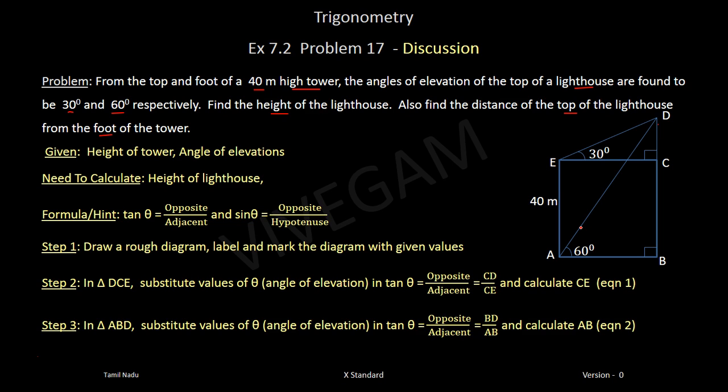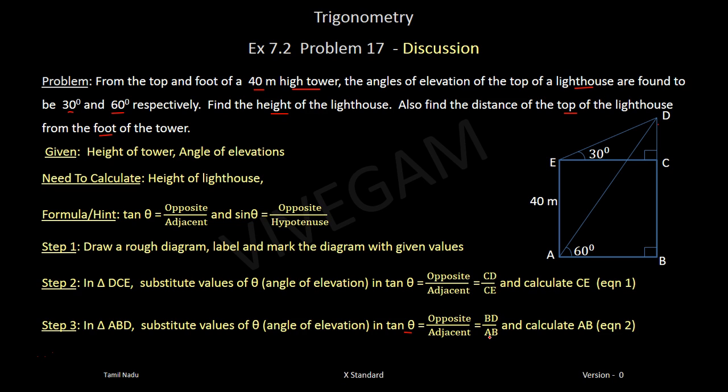In triangle ABD, tan 60 is opposite by adjacent. Opposite is BD divided by AB, right? So using that in this equation, this is known and this we also know.